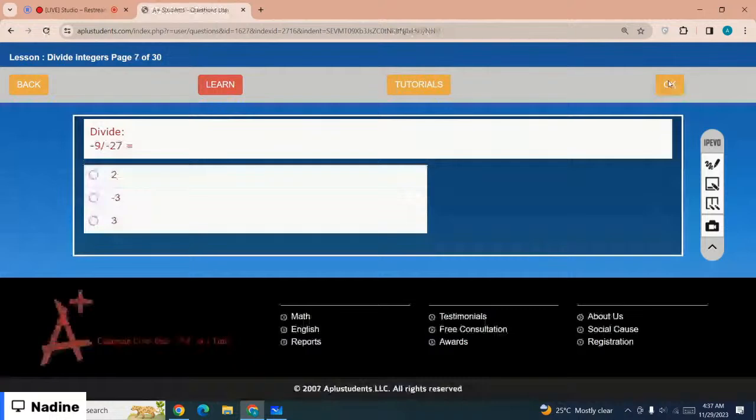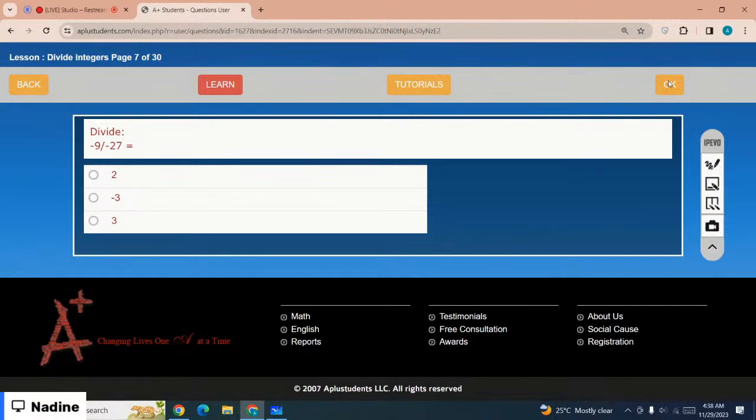Negative 27 divided by negative 9. Negative 3?